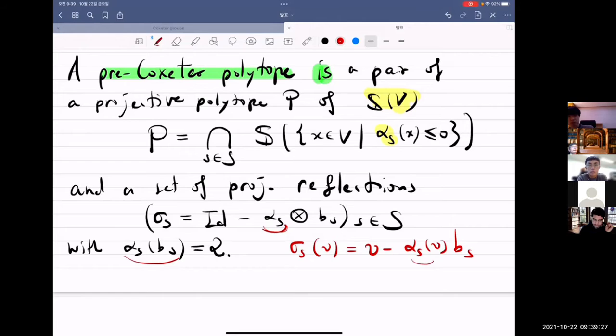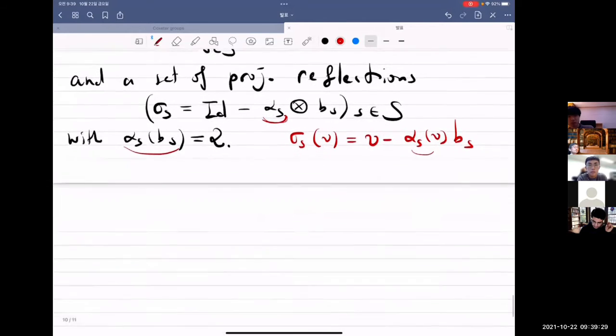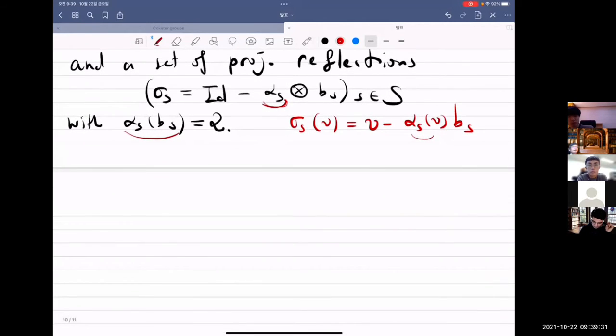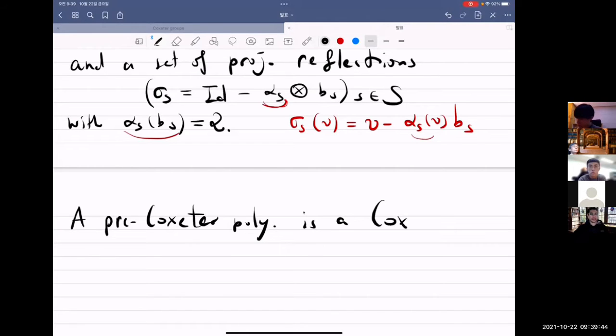But then what is a nice pre-Coxeter polytope? That we call a Coxeter polytope.